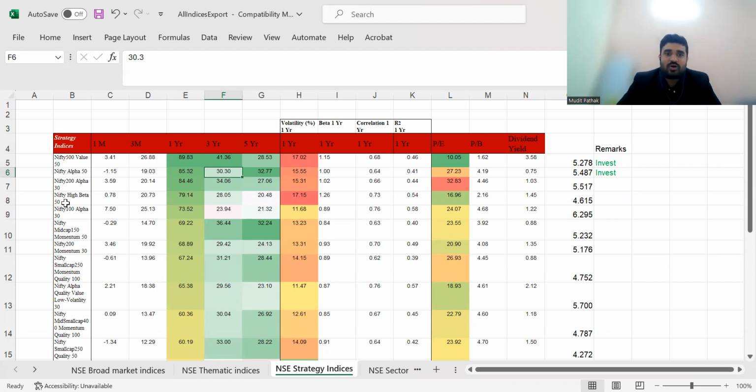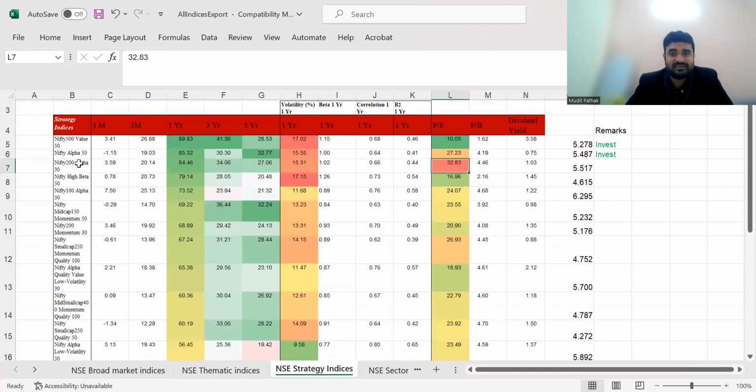Okay, so let's look at this strategic investment. I marked two strategies for investment, Value 50 and Alpha 50. Amazing returns for the last 3-5 years as well, a lot of value unlocking still left, and a safe investment as well.